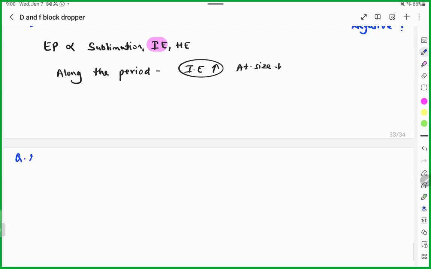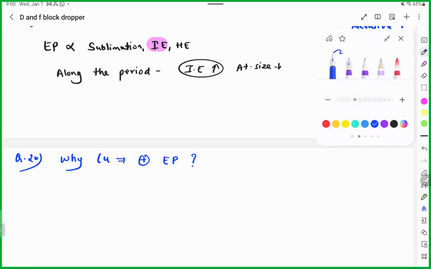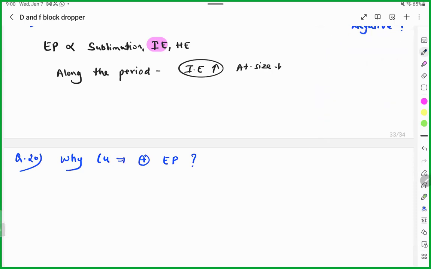If you did, then for example, if somebody asks why copper has positive electrode potential, what will be your answer, Sarah? Sir, it can gain electron. No, no, no. Electron gain enthalpy is a different thing. Copper is positive.